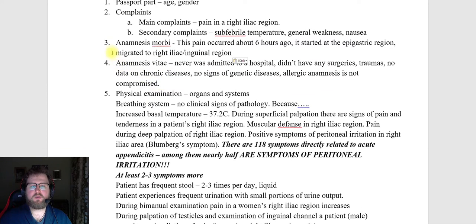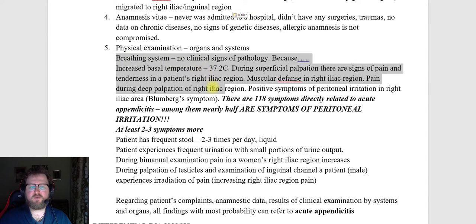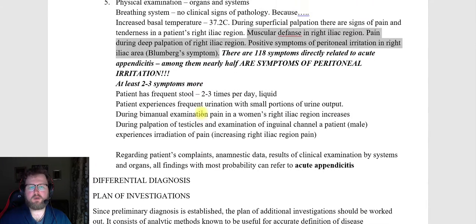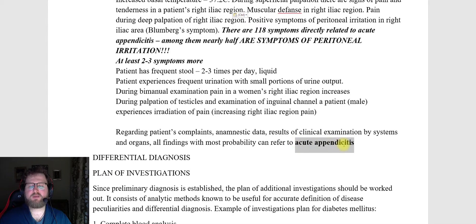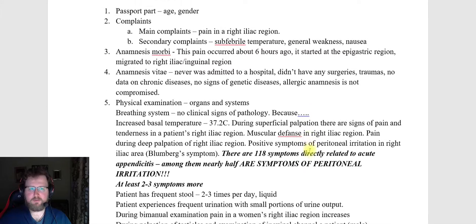Next, we know additional information about his anamnesis of life. We have all the collected data from physical examination. We've defined certain most crucial symptoms which lead us to a statement that probably this patient might have acute appendicitis. But why is this a preliminary diagnosis?